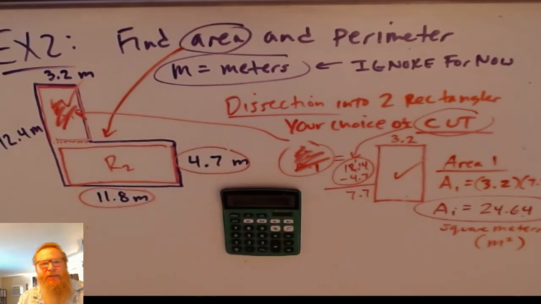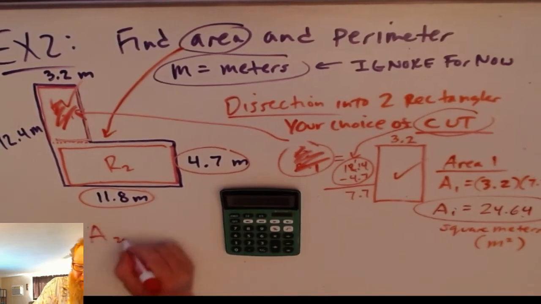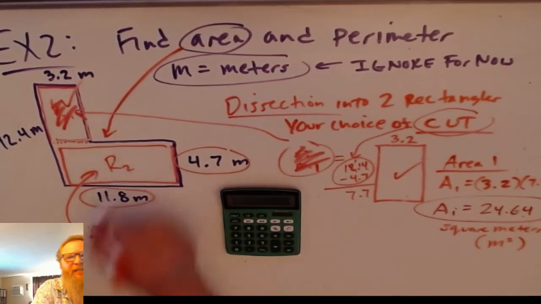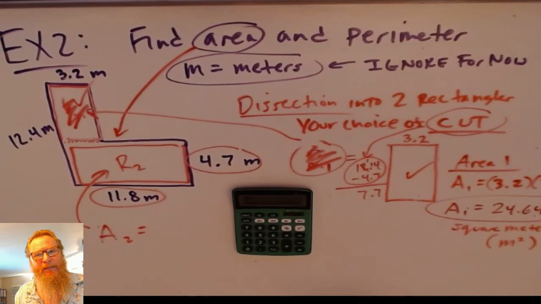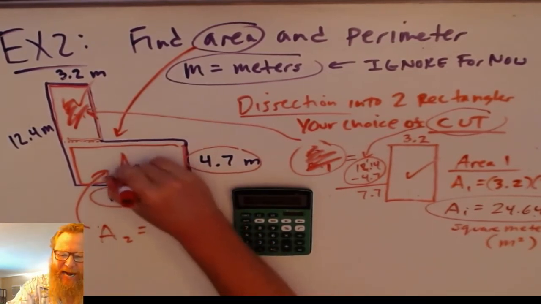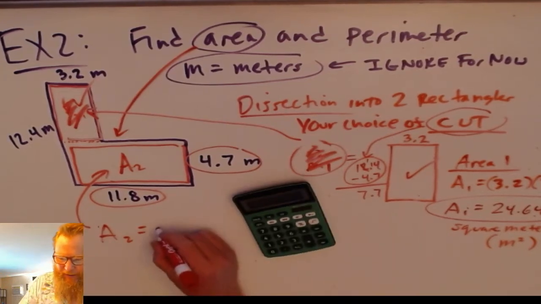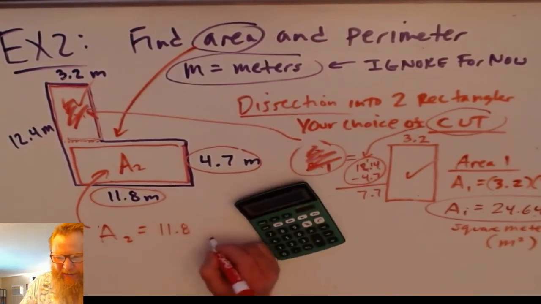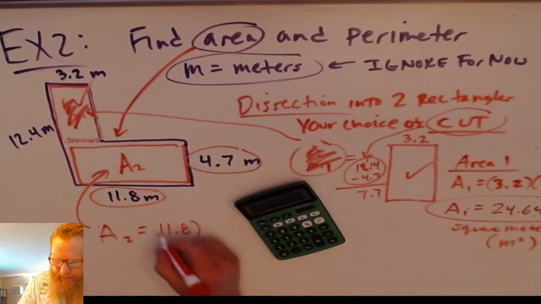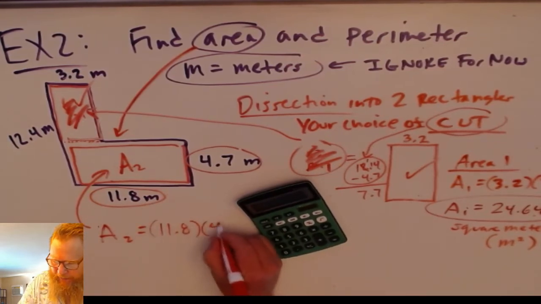So I'm done. Area 2, which is the area inside of R2. Some people just label this A2. Don't even use the letter R. Why introduce a letter that's not necessary? Is 11.8 times 4.7.